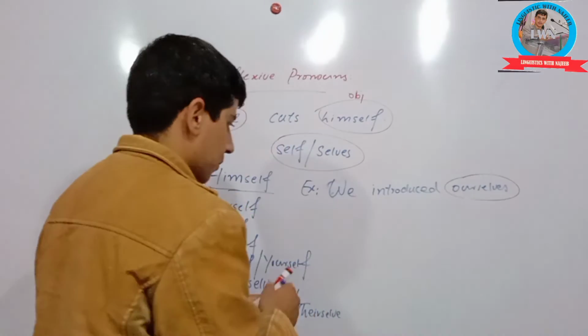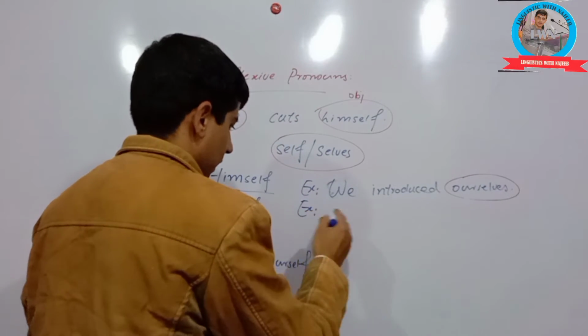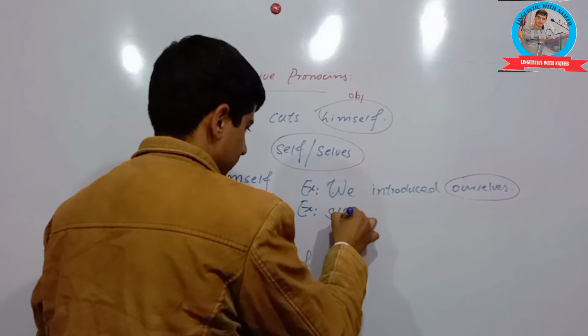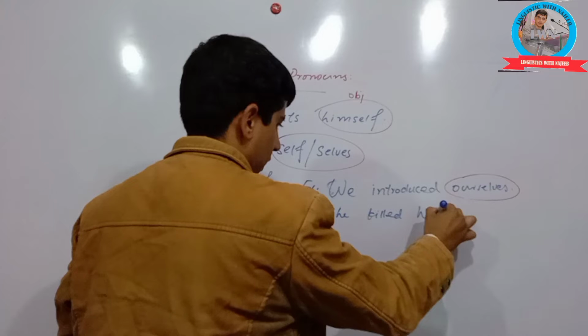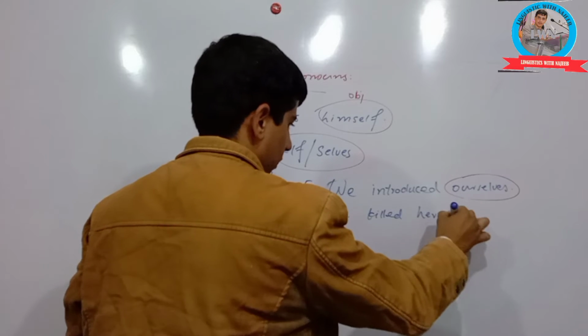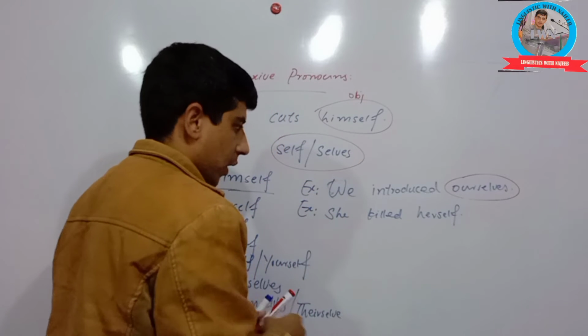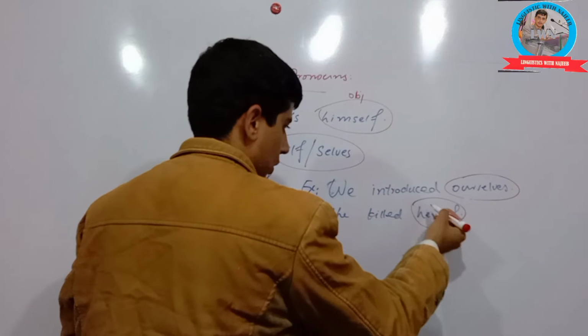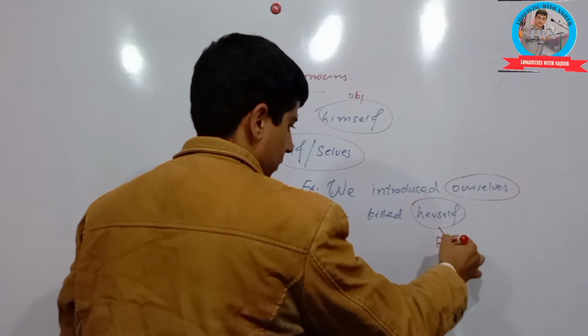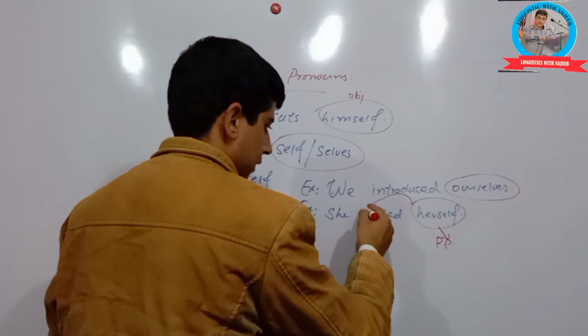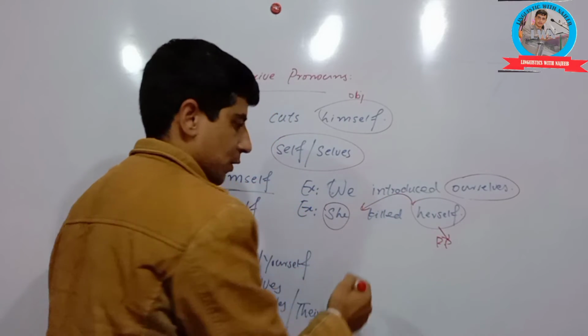And next sentence could be she killed herself. So right here, this herself is called the reflexive pronoun. It's called the reflexive pronoun because it refers back to the subject.